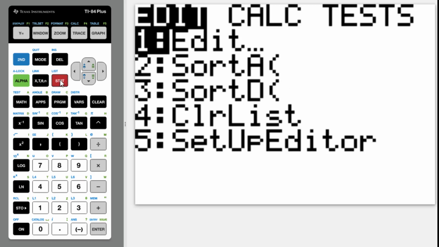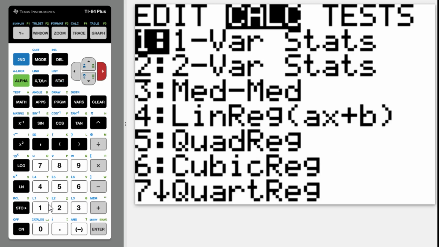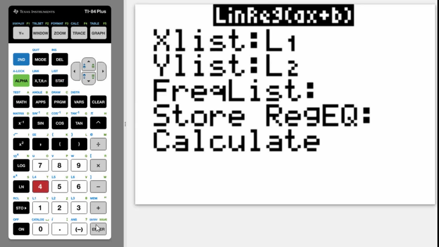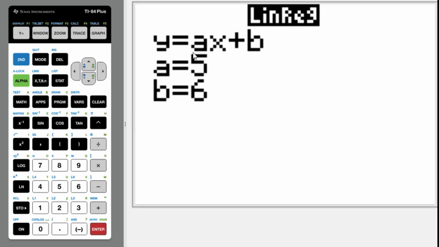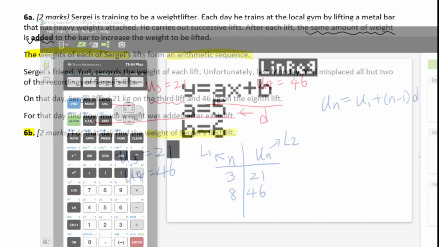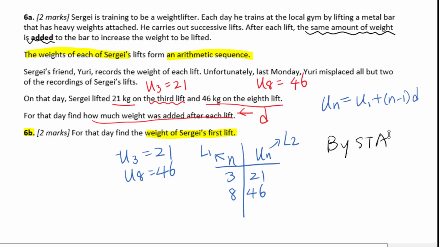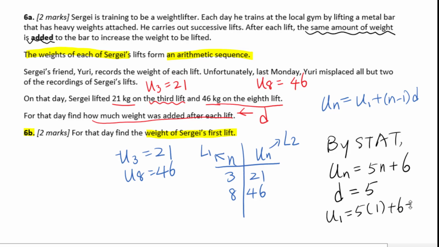Go back to Stat, Calculate, press 4, linear regression line. Then you can get the general form: un equals 5n plus 6. Therefore, d equals 5. Slope is a common difference. u1 equals 5 times 1 plus 6 equals 11.